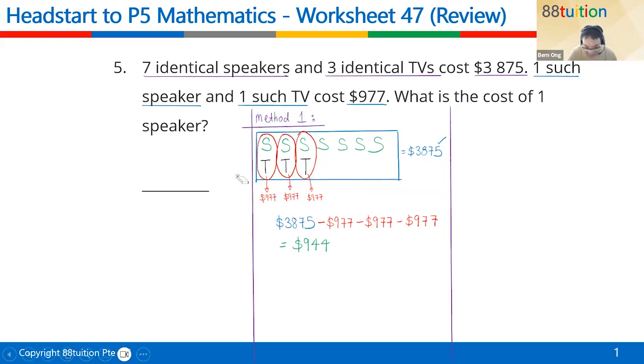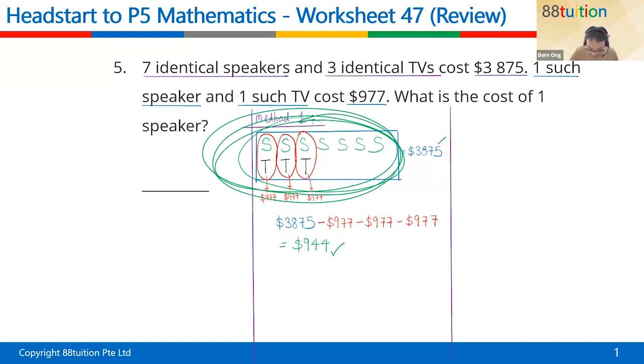I purposely minus the 3 sets of 977. What is the remainder? What is this 944? Look at my picture. I minus away all this, so what is left? What do you see? Go to the chat and write in for me.